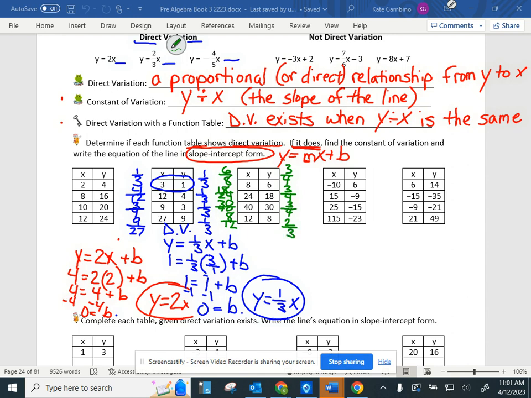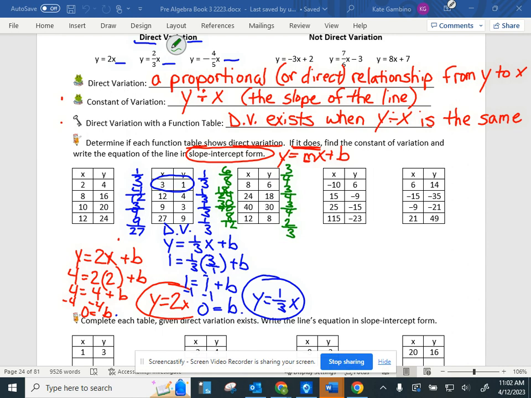Simplify your fractions, friends. If it's not the same fraction every time, is it a direct variation? No. Remember when I said you have to do it for every single pair. If we had stopped after that third one, 3/4, 3/4, 3/4, it would look like a direct variation. But no, it's not. We have a 2/3 in there.